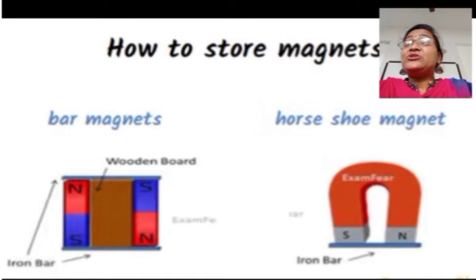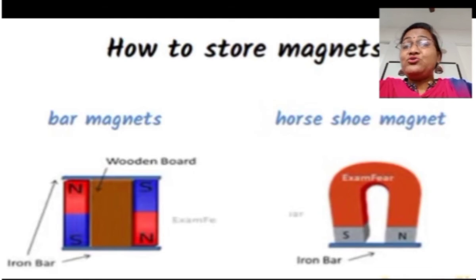To prevent the loss of magnetism, or demagnetization, the magnets should be stored properly when they are not in use. Two bar magnets are stored with the space between them separated by a piece of wood, with their unlike poles on the same side, and bars of soft iron or iron keepers are kept across their ends.